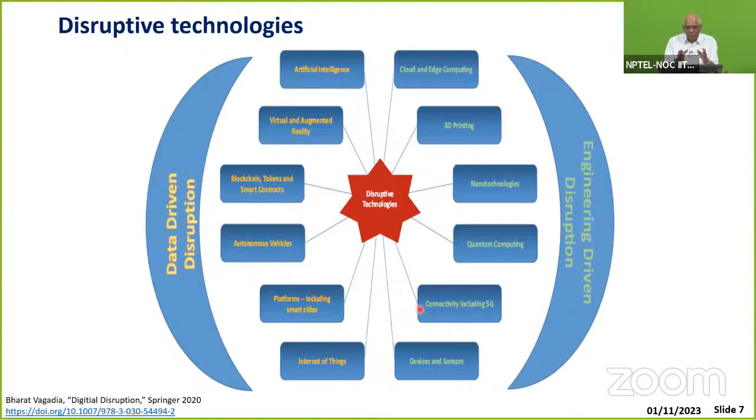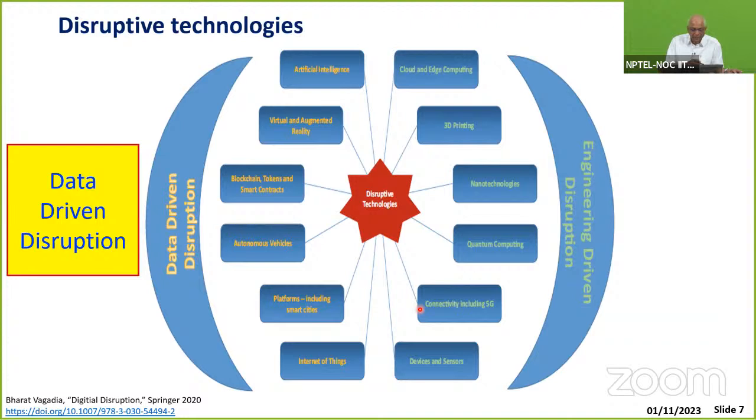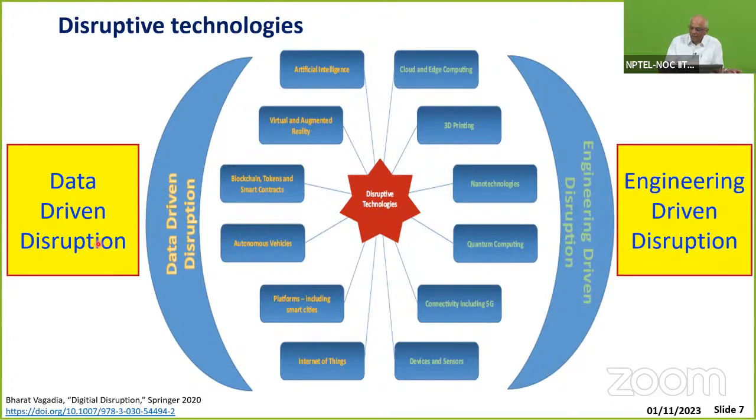If you look at how things have happened in the last couple of decades, you have several disruptive technologies. On one hand, data-driven disruption. On the other hand, you have engineering-driven disruption.